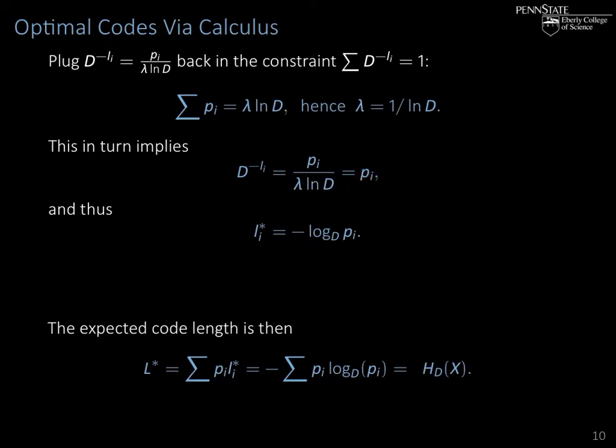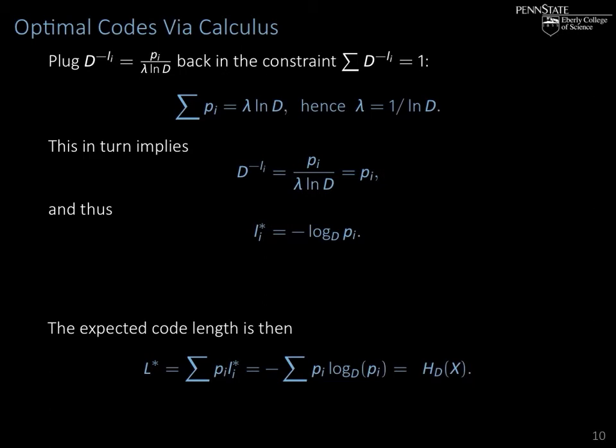And thus, taking logarithms means that the optimal length Li star is just the negative logarithm with respect to base D of pi. So we just take logarithms on both sides, and we get that Li star is equal to the negative logarithm with respect to base D of pi. This is the critical point.